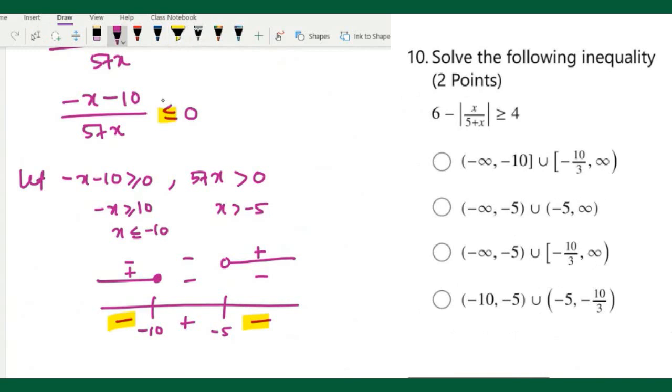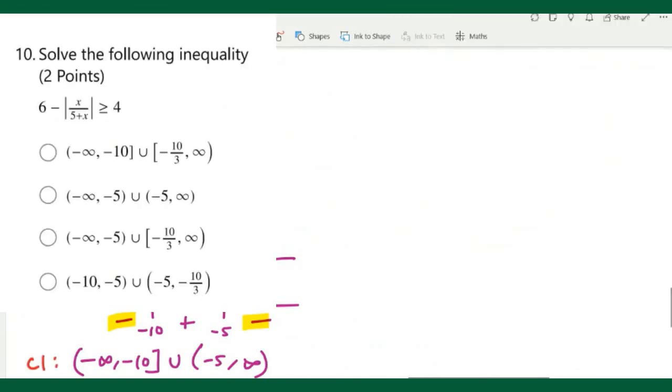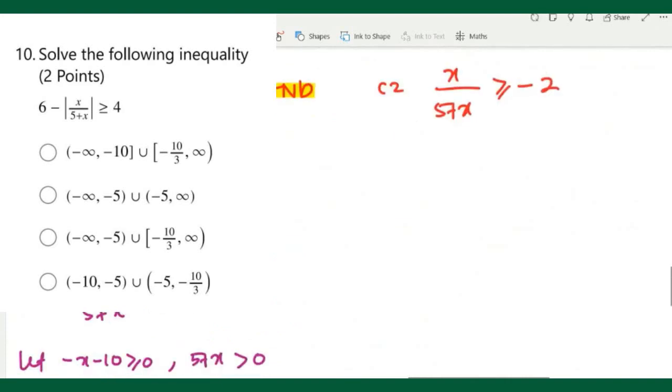So the answer for case 1 will be from negative infinity to negative 10 including, union with, tak termasuk, negative 5 to infinity. Okay, so ni jawapan untuk case 1 tadi lah. Dah habis case 1, kita move on ke case 2 pula.